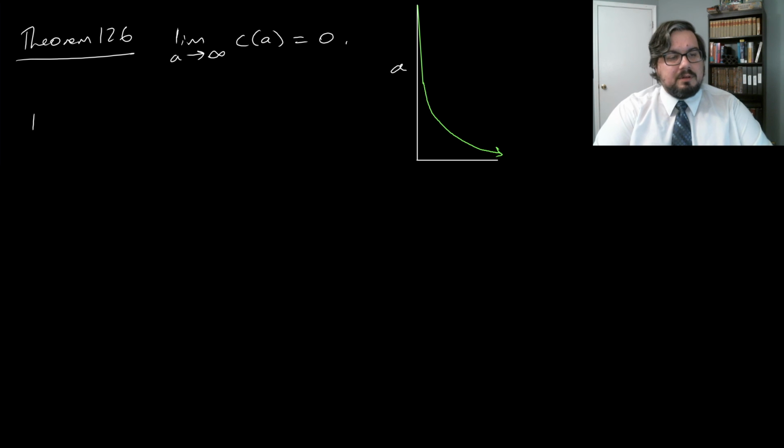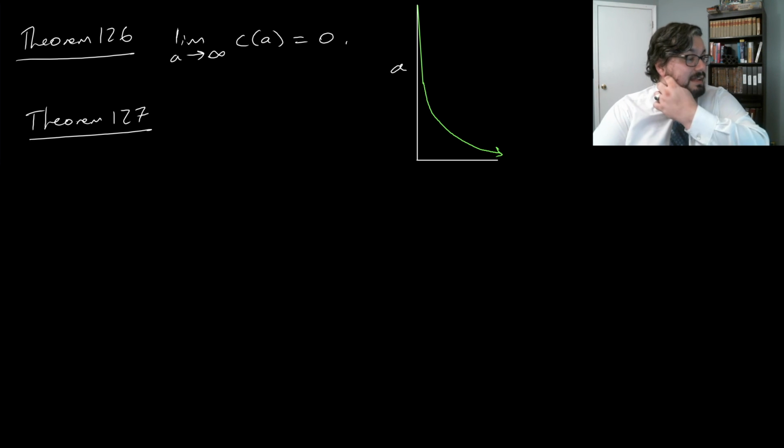Also, Theorem 127 says that you can always find triangles with a defect as high as you like, as long as it's less than 180.